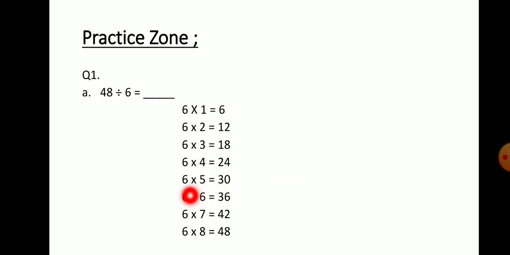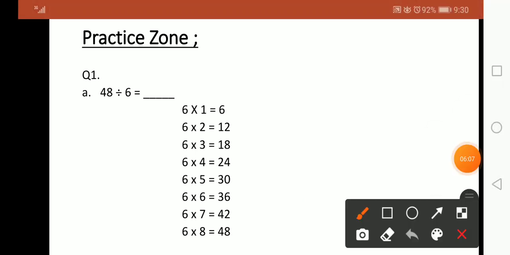How many times 6 equals 48? 8 times 6 equals 48. So we'll write our answer 8. Why do we write 8 here? Because you can see that 8 times 6 is 48.